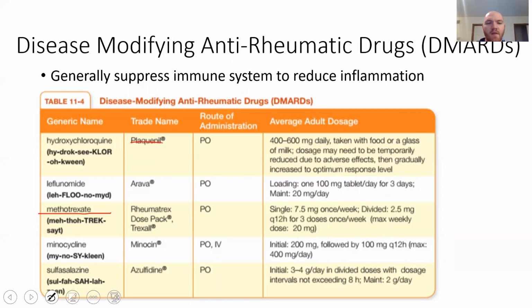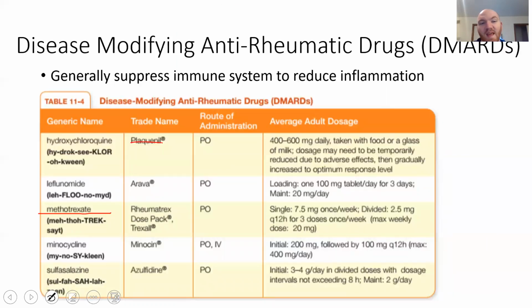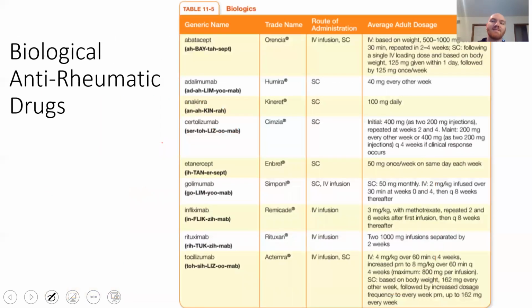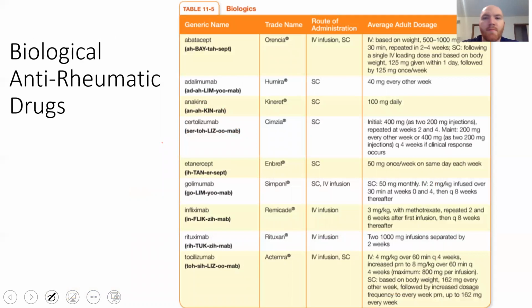Plaquenil, you'll see. And that's that class of drugs for treating arthritis. Now, for the biological type, these are not small chemicals. These are biologics, and you'll see these long-acting injectables a lot.